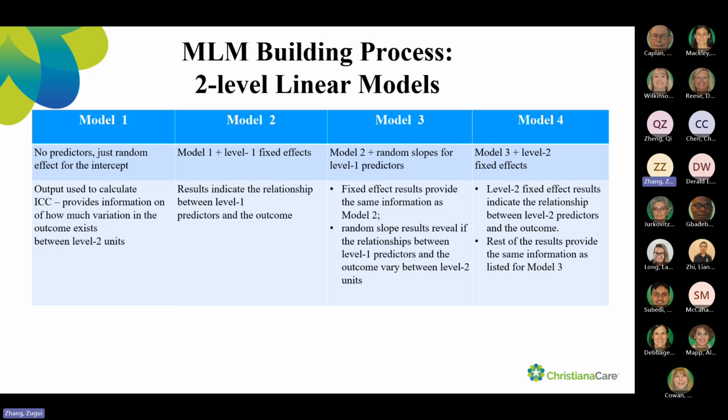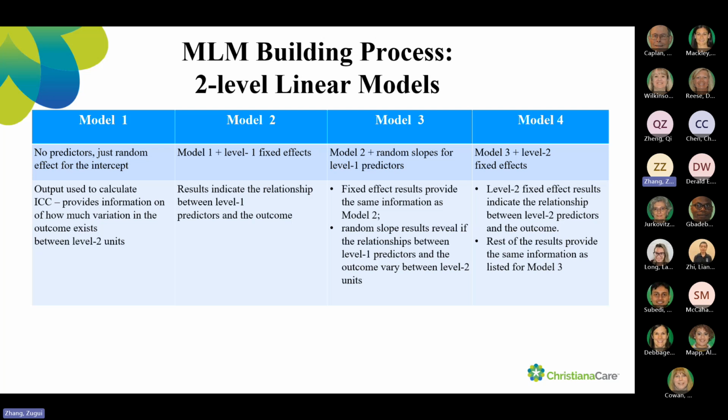And then we will have model 4. In model 4, we will have the level 1 fixed effects, the random slope, and also we will look at the level 2 fixed effects. For example, we could add the size of hospital and others.